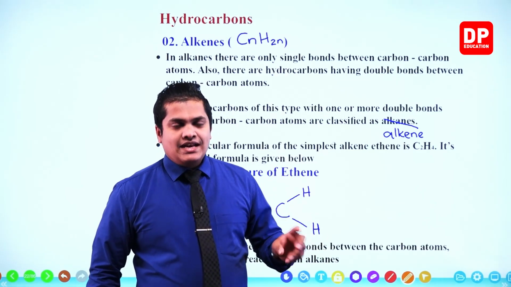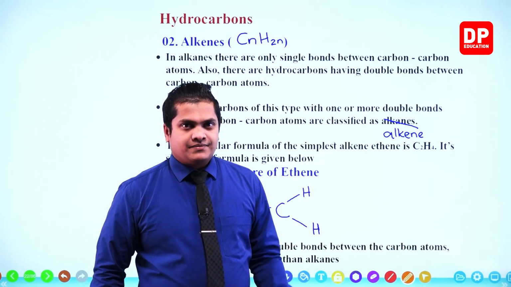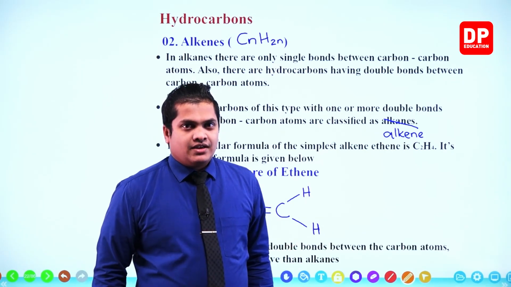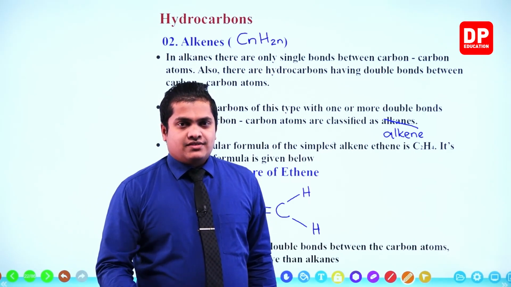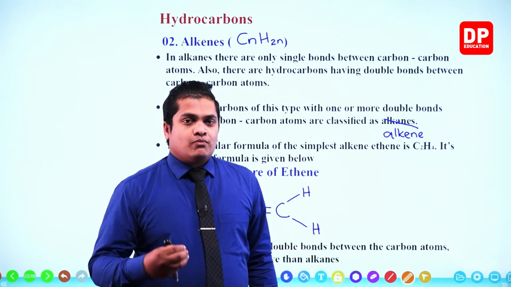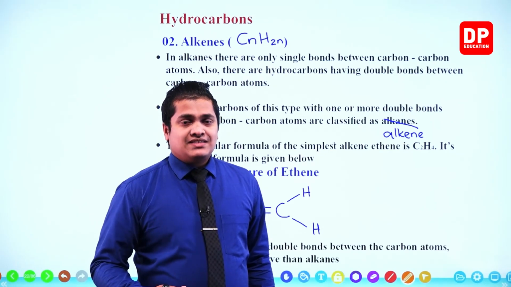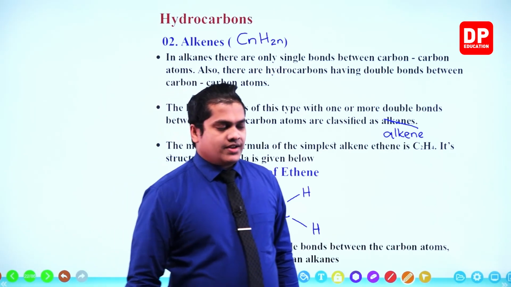Single bond alkane, double bond alkene, triple bond alkyne. Alkynes are even more reactive than alkanes or alkenes. So the most reactive hydrocarbon is the alkyne, which has triple bonds.